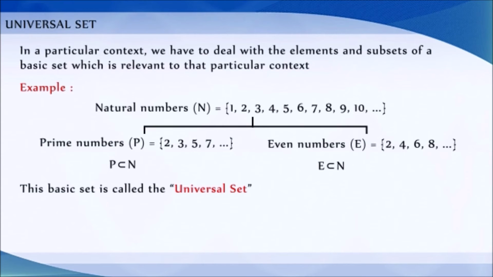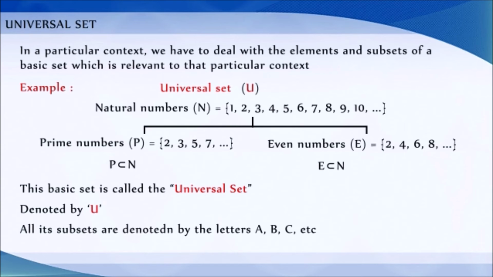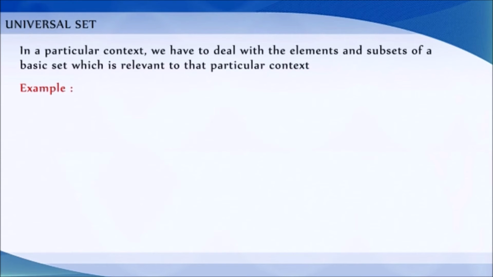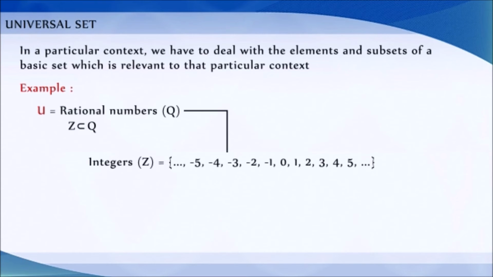This basic set is called the universal set. The universal set is usually denoted by U and all its subsets by the letters A, B, C, etc. For example, for the set of all integers, the universal set can be the set of rational numbers or the set of real numbers, etc.